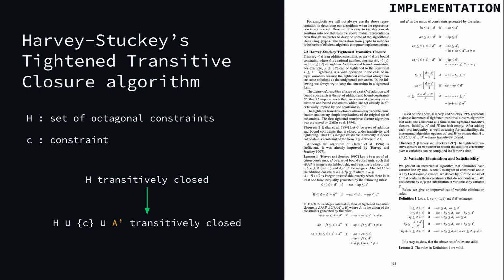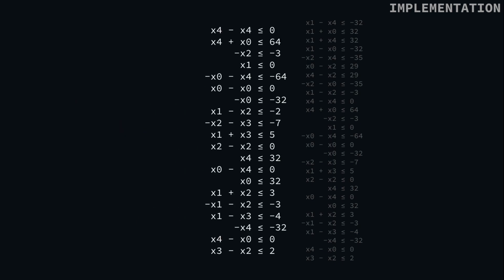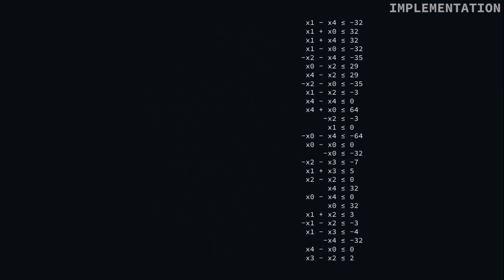These new constraints are what the iterate function adds to the original hypothesis, and therefore after successive applications, we hope to get to the transitive closure.